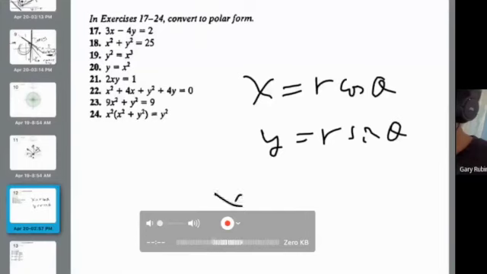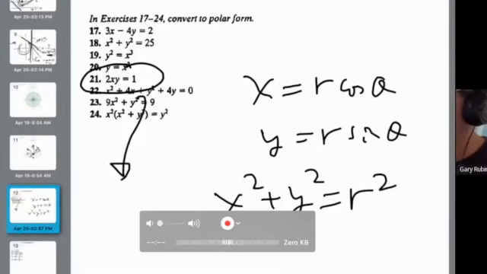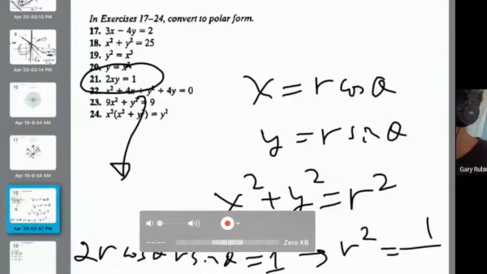And if you ever notice an x squared plus y squared, you can replace that with r squared. So I could take something like a hyperbola, xy equals 1, and if I just change it into r cosine theta times r sine theta equals 1, it turns into r squared equals 1 over cosine theta sine theta.